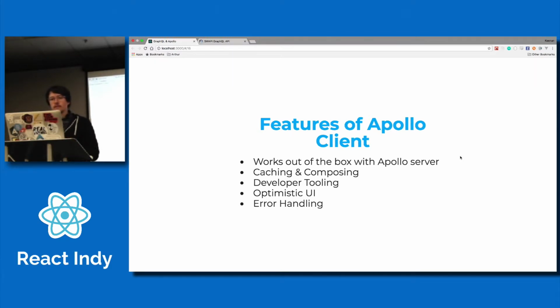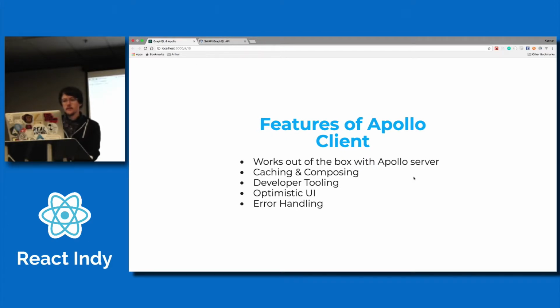If those requests happen within, I think it's 10 milliseconds, which is the default, you can batch them into a single request. So instead of making 10 trips to your API, you'll just make one, and Apollo will handle all of that for you and then provide the data to your components.